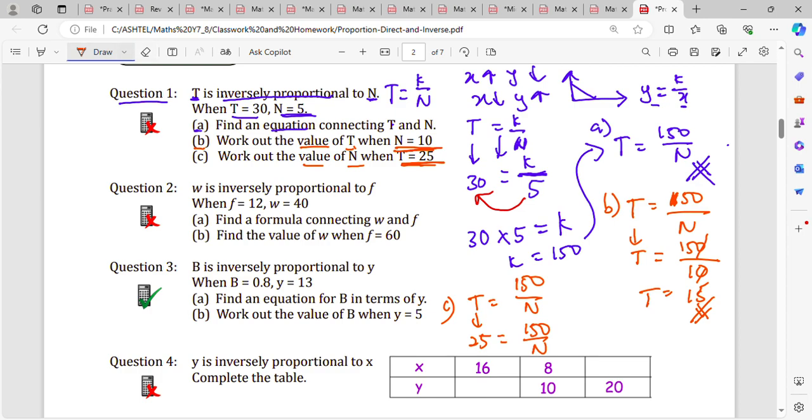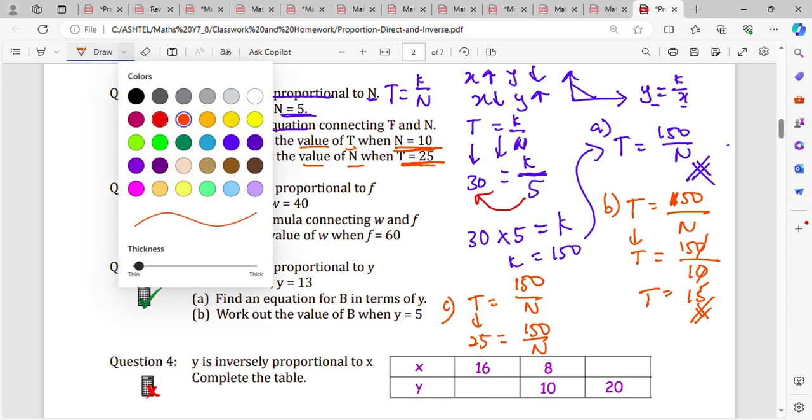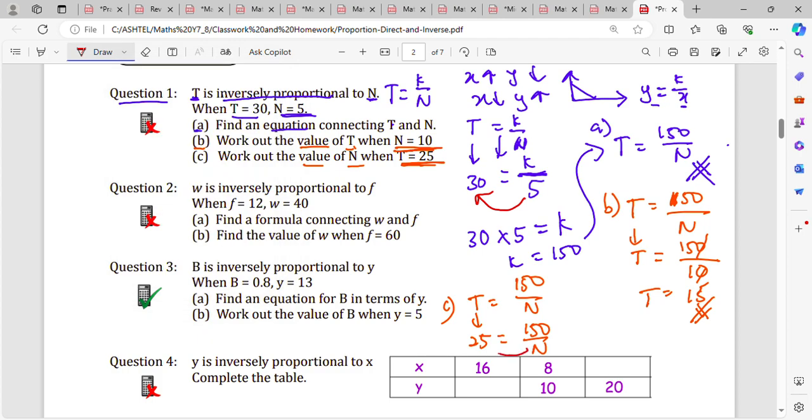So where do you move it? You may move it to this side. Here it's 150 divided by n. So now from this side of the equal sign, n is moving to the other side of the equal sign, and the operation just now is division. Since n is moving to the other side, it will become multiplication.